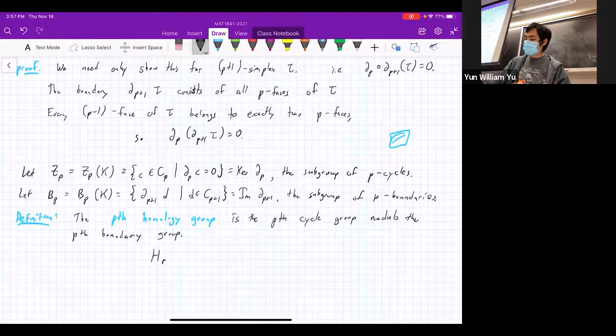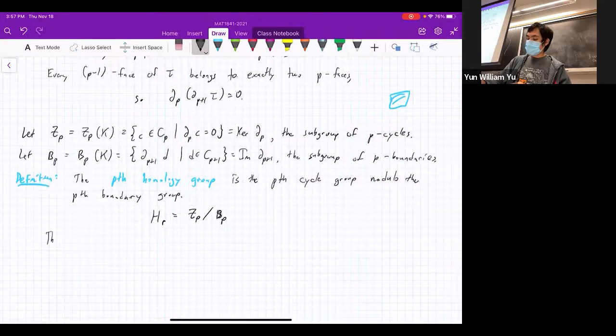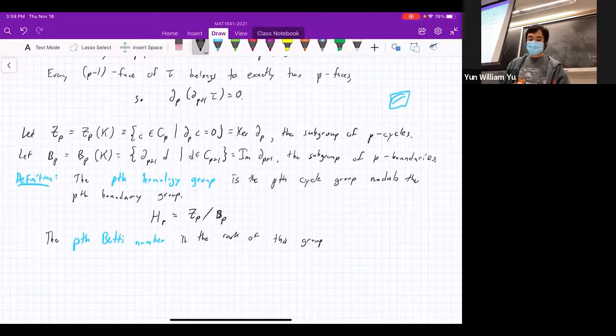So HP is equal to ZP modulo BP. And the Pth Betti number is the rank of this group. So the Pth Betti number is equal to the rank of HP as a group.